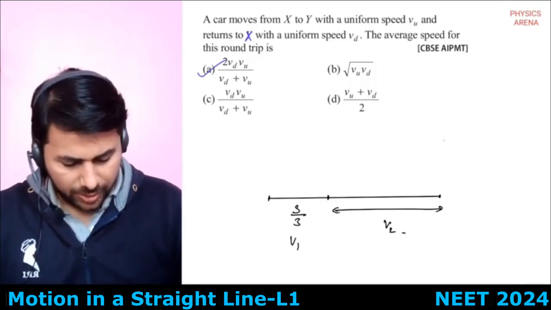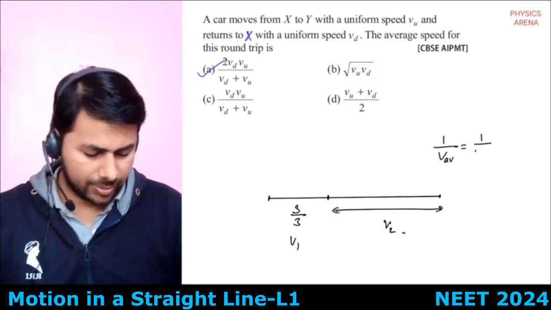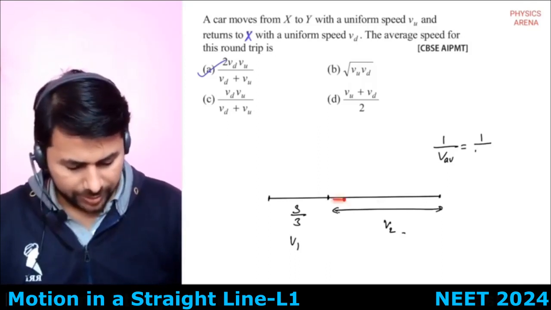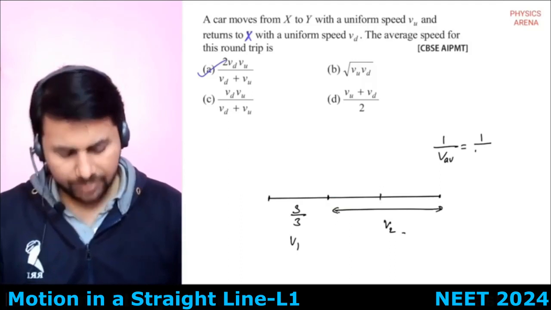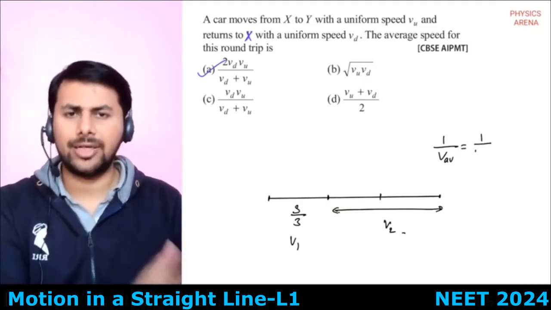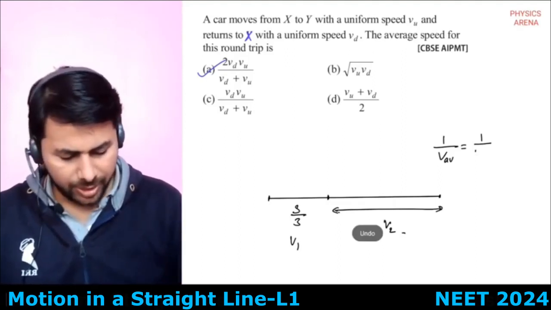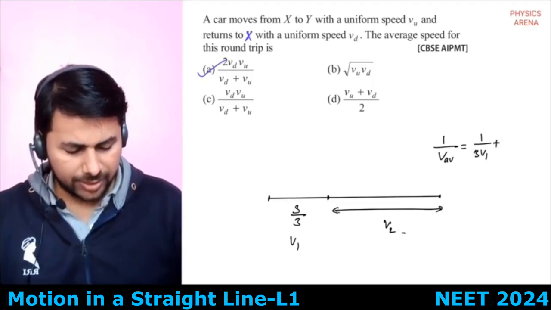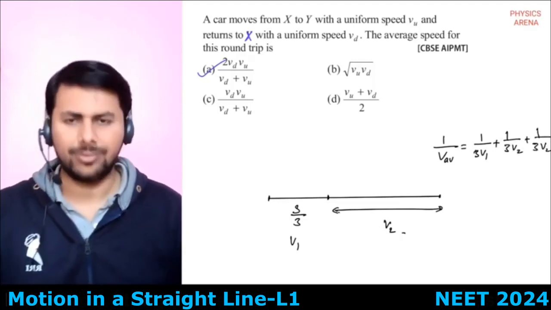See, 1 upon v average will be equal to 1 upon... now what I will do is this distance is 2s by 3, so I will divide this one also in two parts. So now distances are s by 3, s by 3, s by 3. It is 1 upon 3v1 plus 1 upon 3v2 plus 1 upon 3v2.